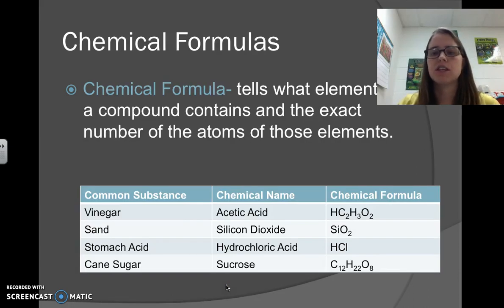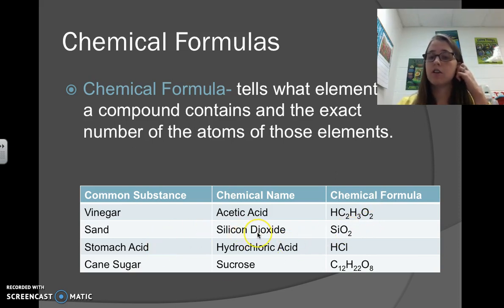Chemical formulas. This might be a new thing for you. A chemical formula tells us what elements a compound contains and the exact number of the atoms in those elements. Vinegar, or acetic acid, is made up of H bonded to 2 carbons, 3 hydrogens, and 2 oxygens.